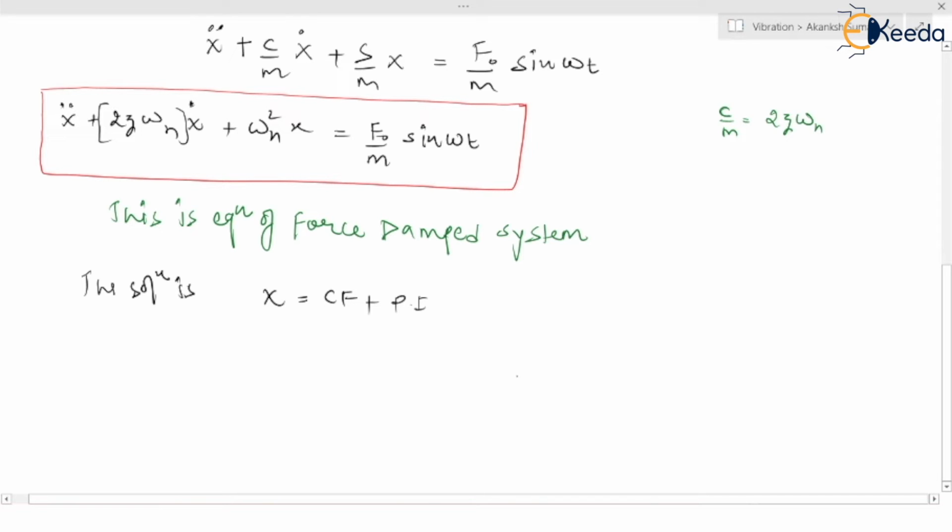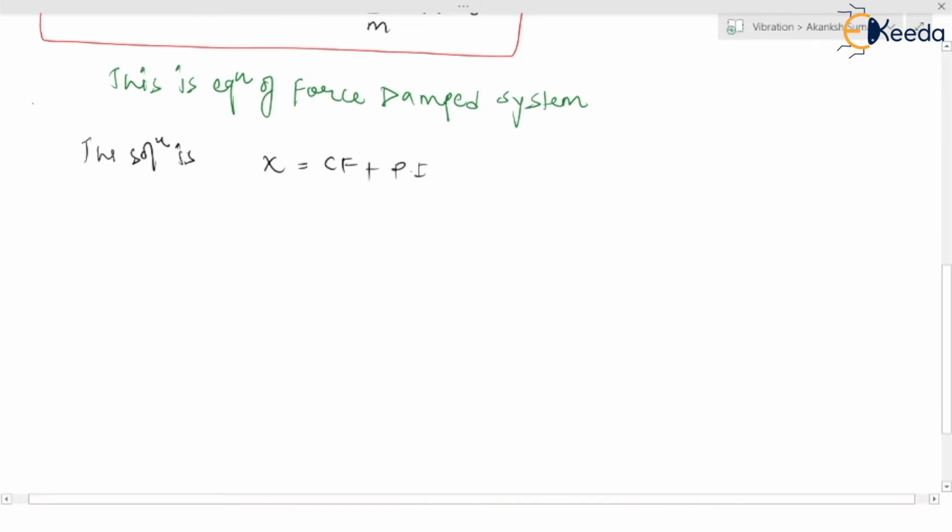So we have to calculate the particular integral and the complementary function as well. When I'm talking about the complementary function, CF, first we are going to calculate the complementary function.